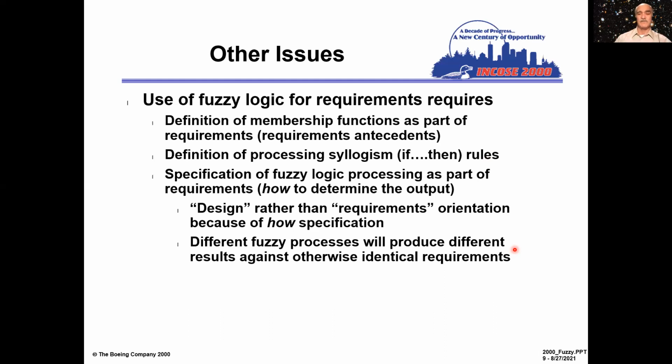And we have to put in much more machinery in the requirements that relate to fuzzy logic processing, the membership functions, the processing syllogism, how we're going to determine which is the appropriate output. So it seemed to me that this probably isn't the best way to go.